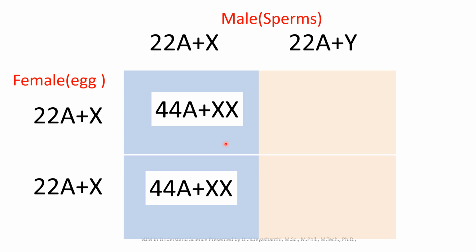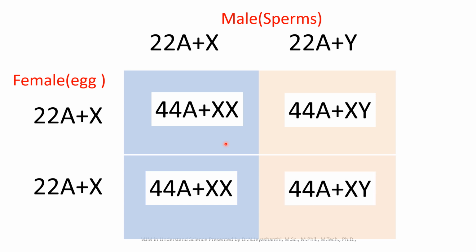Here also female. If 22A plus Y sperm fertilizes the egg, we will get 44A plus XY, that is male. Here also we will get male. So, sex of the offspring depends upon the sperm which fertilizes the egg.